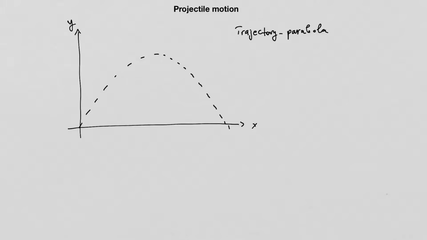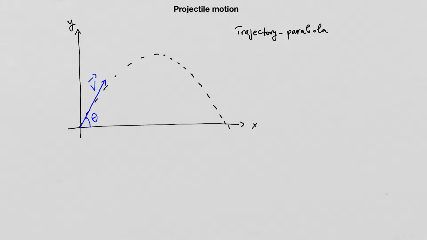So therefore, that means that this motion can be broken into two parts, a horizontal part and a vertical part. But now, because this is a more specific type of motion, there are some specifics about the horizontal and vertical part that must be discussed. So the motion starts with some initial velocity v, which is directed at some angle theta with respect to the horizontal.